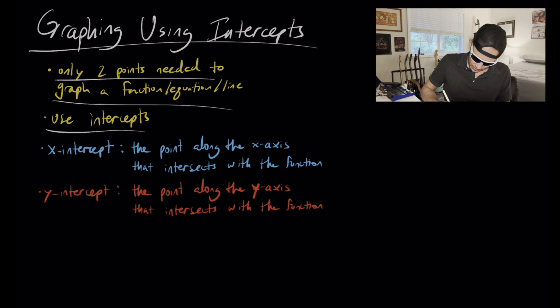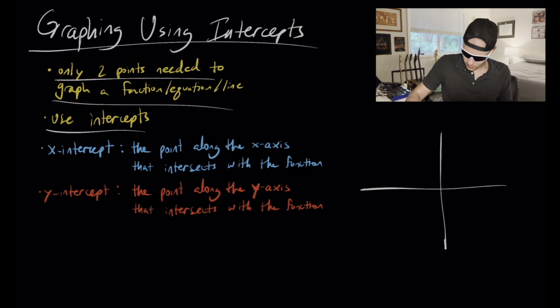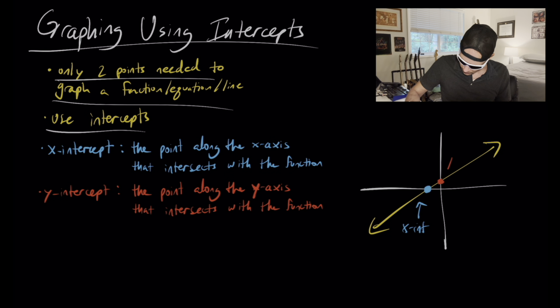So what does this look like? Well, it looks like this. Let's say I have a function that maybe it looks like this. Well, right here, I have my x-intercept, and then right over here, I have my y-intercept, right?